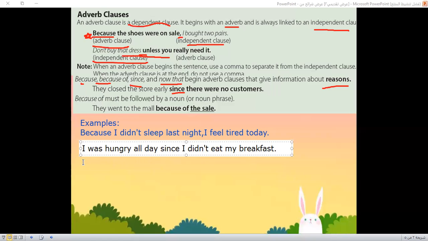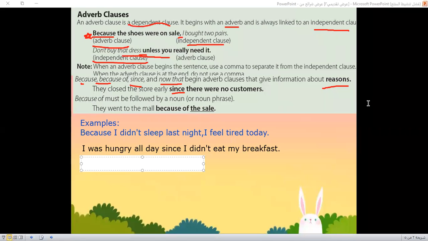Do you have an example? You can write it in the chat if you want. Think of an example that we can use. I will give time to think.